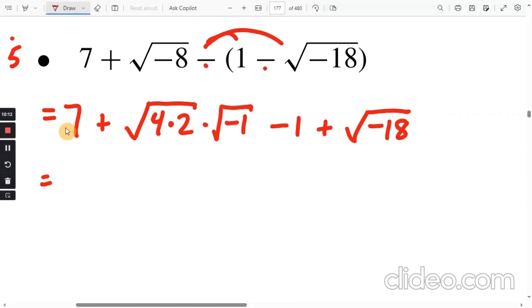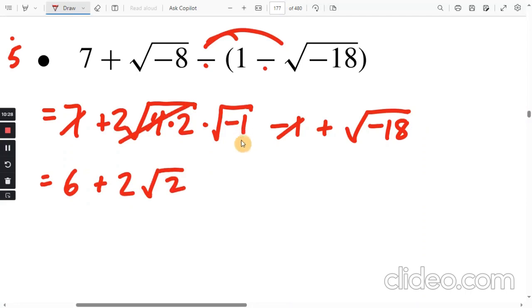Combining the reals, 7 minus 1, that's 6. Radical 4 is just 2. So this is going to be plus 2 radical 2. And the square root of negative 1 is just I. Okay, square root of negative 18 is the same as the square root of 9 times 2 times negative 1.